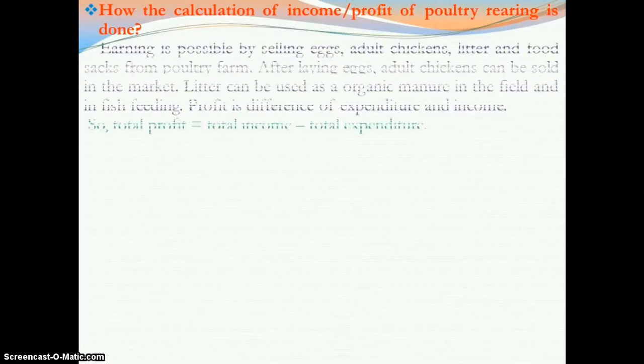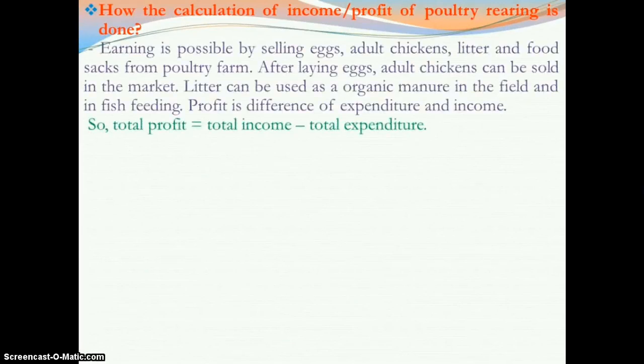Now, let us see the calculation of income or profit of poultry rearing. Earning is possible by selling eggs, adult chickens, litter and food sacks from the poultry farm. That means we can sell eggs, we can sell the chickens after they are done laying eggs, then we can sell the litter, that means the poultry bed after it is used, and food sacks.